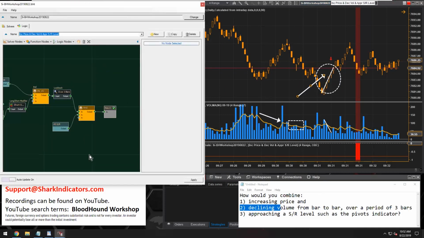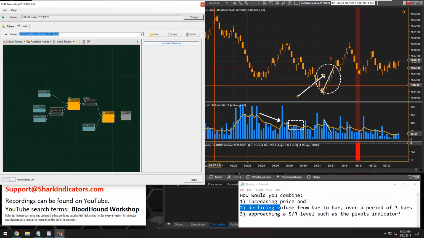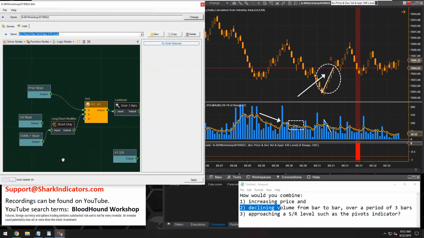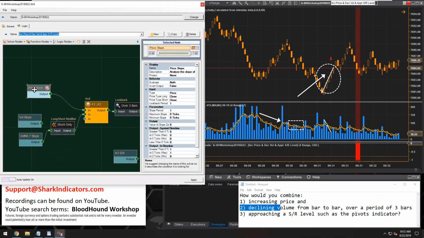I was hoping really that range bars might work out, but I think it's the volume here that's making things really difficult. To help, I'm going to take the price slope, and instead of just looking at price directly, let's use a faster moving average.